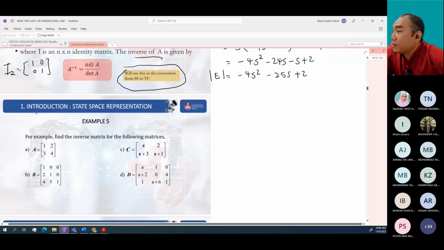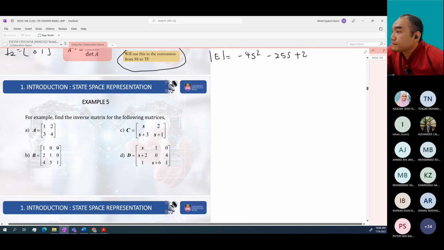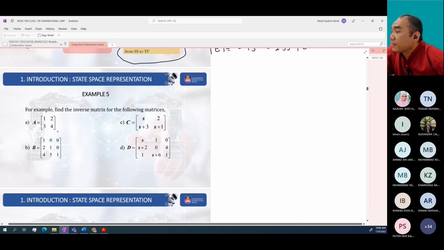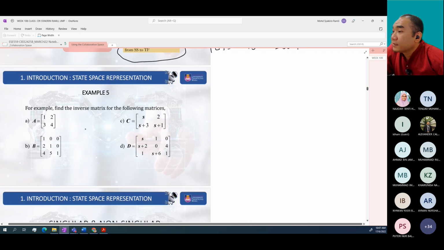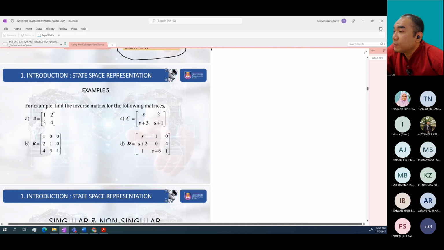Okay, let's take a look at one of the examples here. Find the inverse matrix for the following matrix. Katakan kita nak ambil apa tu? Yang mana? Kita buat yang mudah sikit lah.